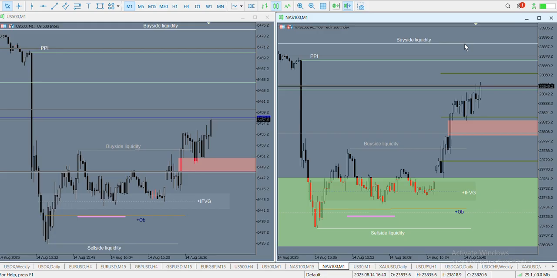6,460s, we're trading at 457 now. I don't really think there's something I've left out in terms of a PD array that I'm looking at right now, at the moment.